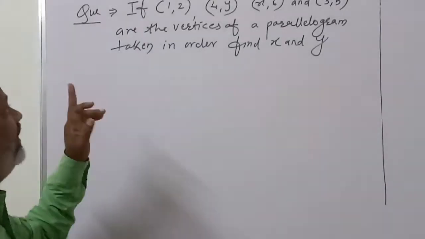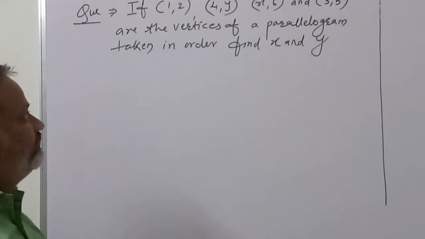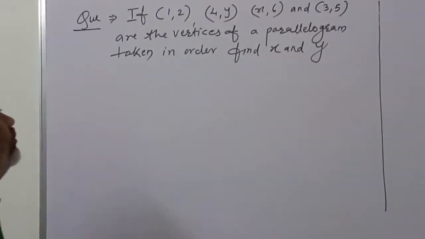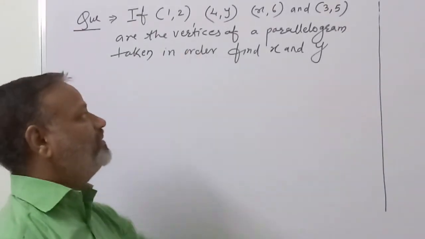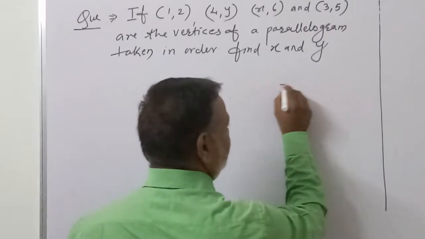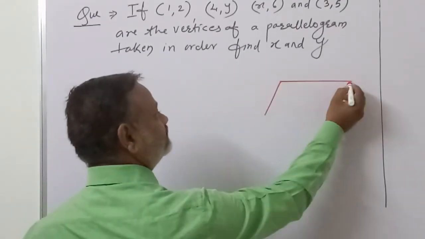Now next question: if (1, 2), (4, y), (x, 6) and (3, 5) are the vertices of a parallelogram. It means we want a parallelogram here.